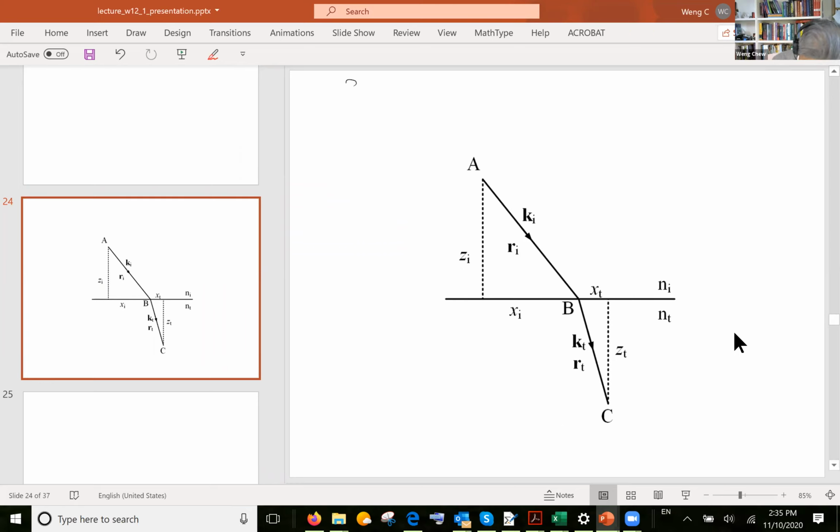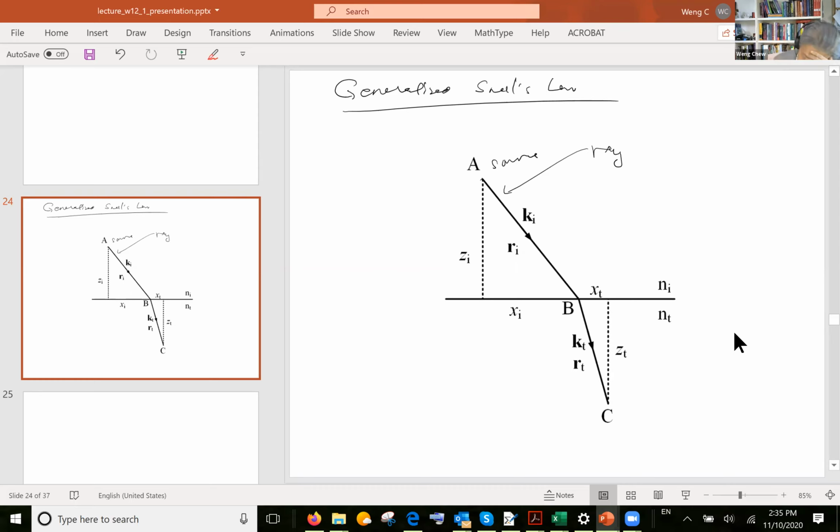Let's assume that we have this picture and that we have a source here. We give out a ray, and then the ray would impinge on this surface and get refracted. I would like to show that you can derive Snell's law by using Fermat's principle.